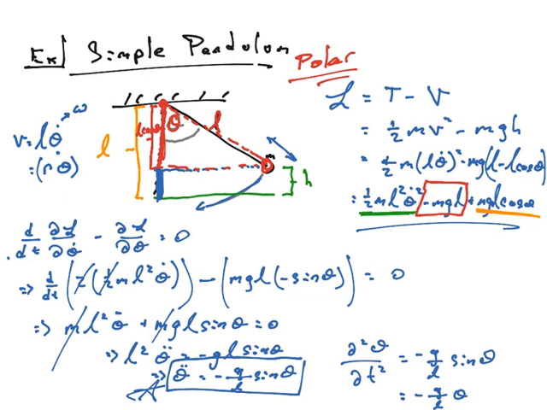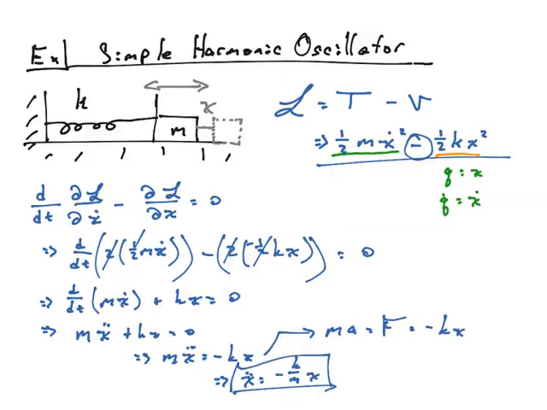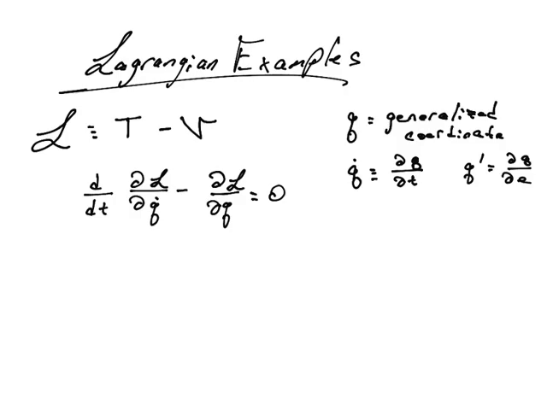Okay. And this is how we work our Lagrangian examples, our Lagrangian mechanics. You're going to have a system. You first write down what is the Lagrangian for that system. The Lagrangian being the kinetic minus the potential energies.